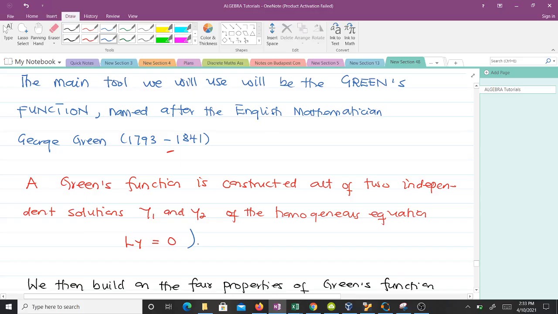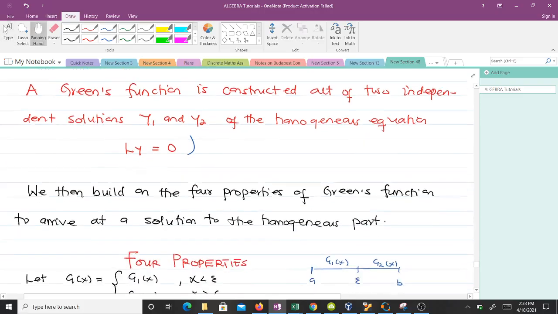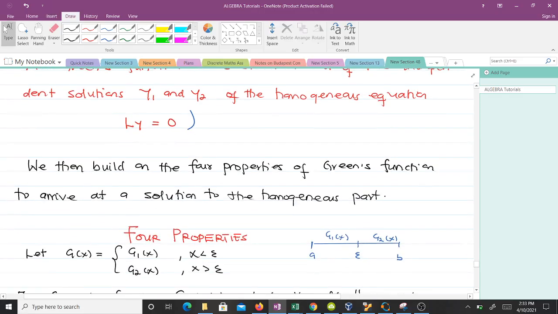After doing that, we build on the four properties of the Green's function to arrive at a solution to the homogeneous part. In our previous video we discussed the four properties, but let's quickly go through them, because that is what we will use to build the solution.